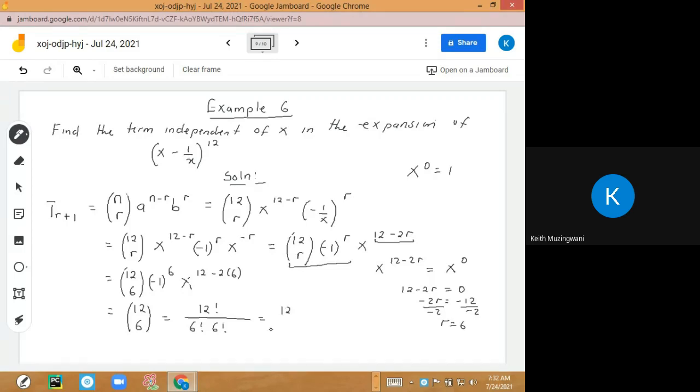This is 12 by 11 by 10 by 9 by 8 by 7 by 6. Once you mention 6, you stop there. Because you know that there's a 6 down. So you expand 6 by 5 by 4 by 3 by 2 by 1 as 6 factorial. So since we have 2 6s here, we've expanded 1 and left the other so we can take away that one.